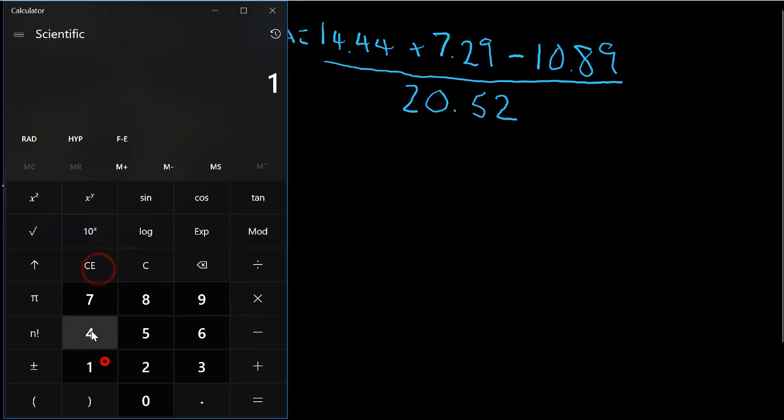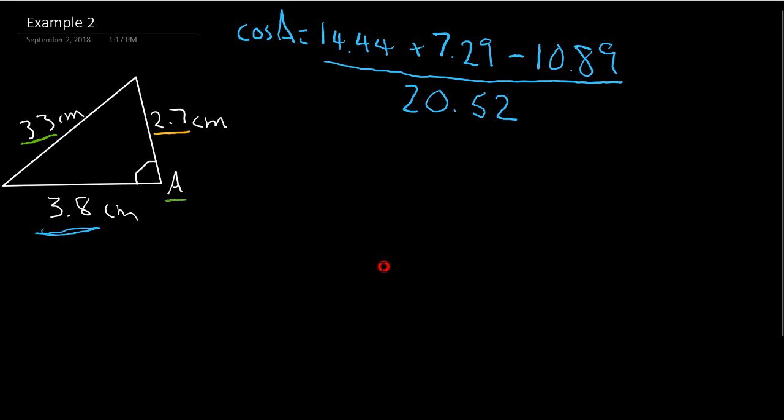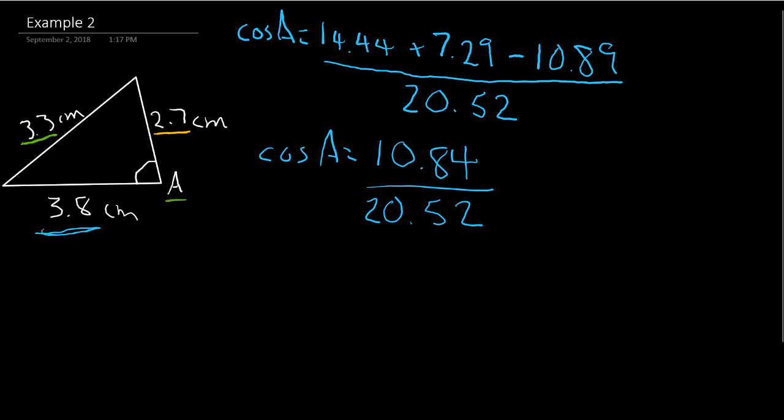So 14.44 plus 7.29 minus 10.89, which gives us 10.84. So cos of A is equal to 10.84 all over 20.52. Okay, so now we can actually do the division.